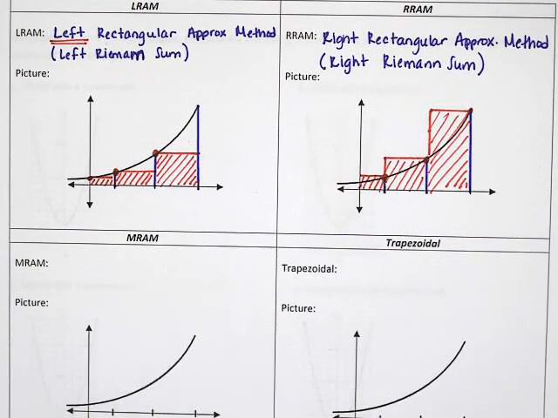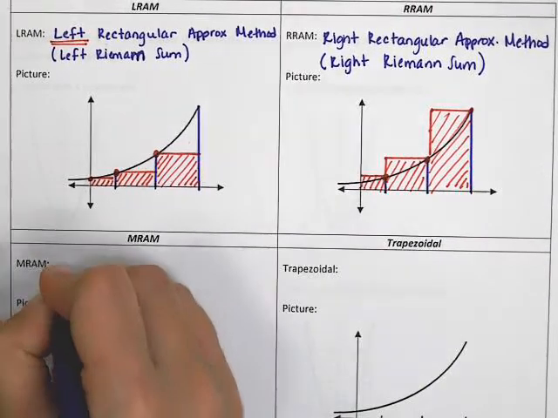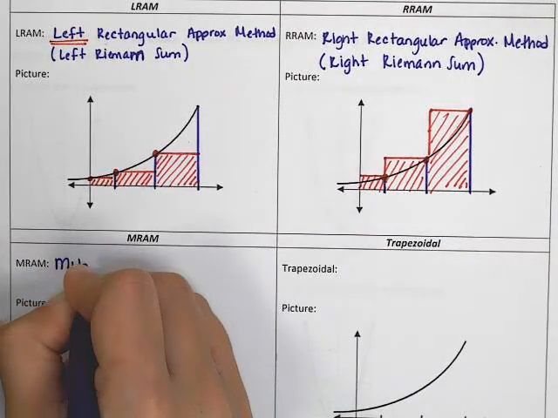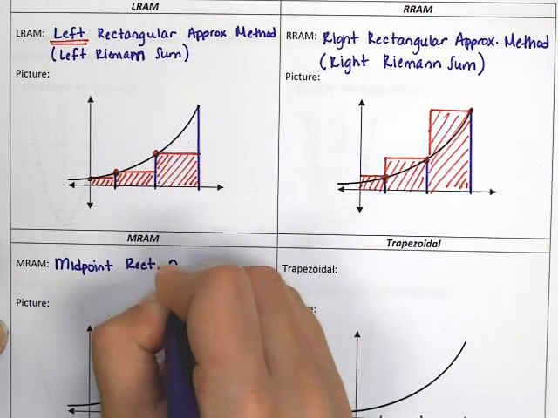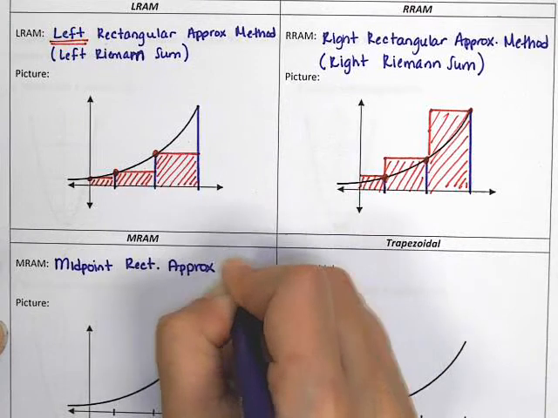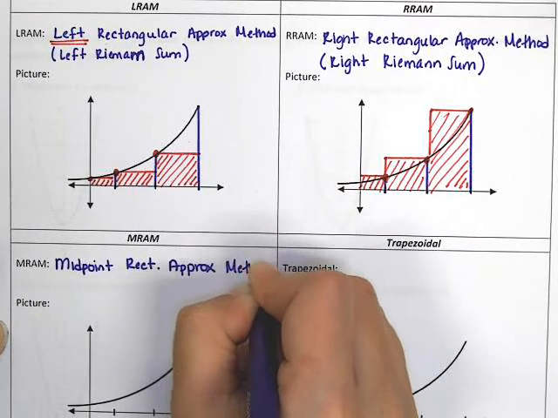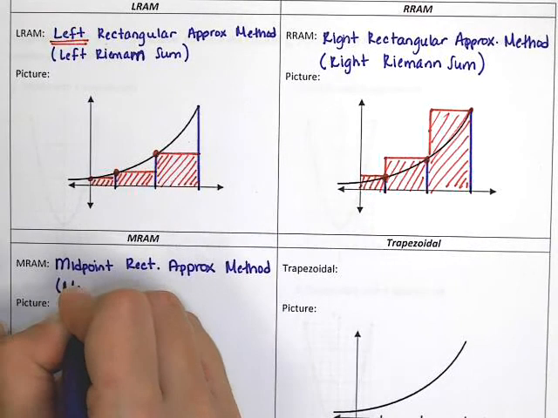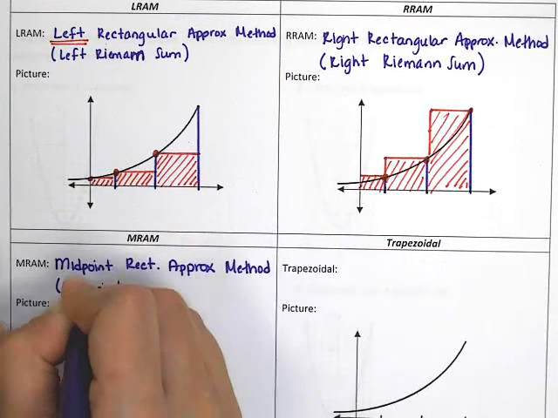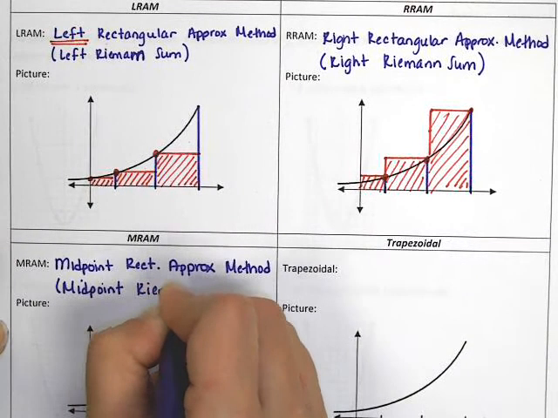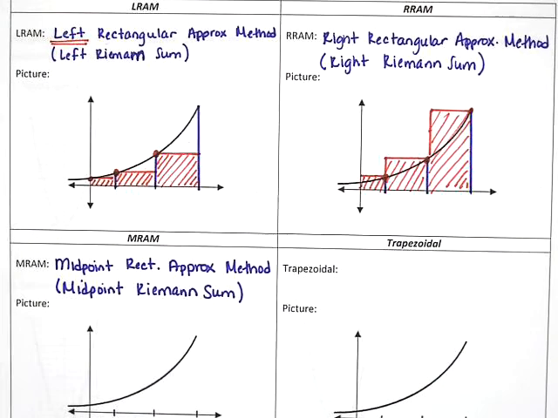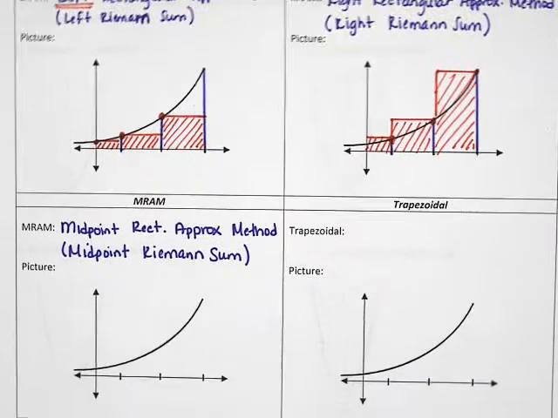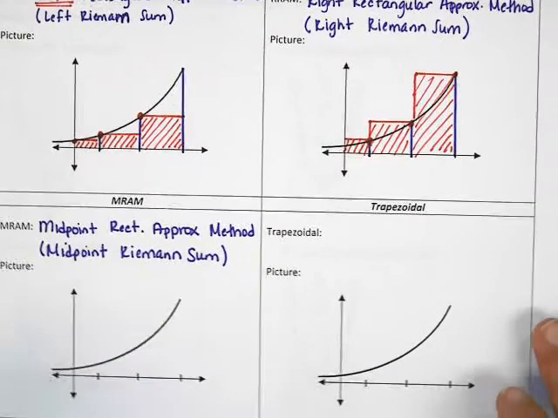So sometimes instead we use what's called a midpoint rectangular approximation method. Or sometimes we call this a midpoint Riemann sum. And instead of choosing the left endpoint or the right endpoint to make our rectangles, we divide our graph up into sections.